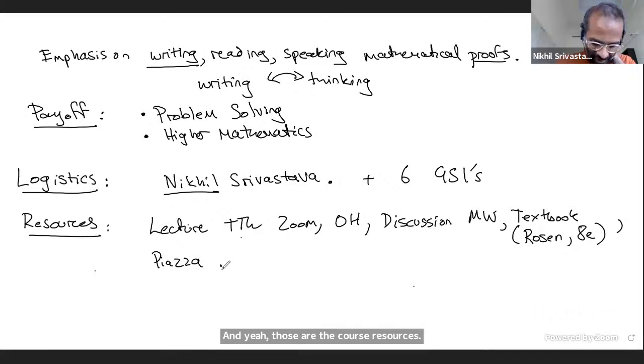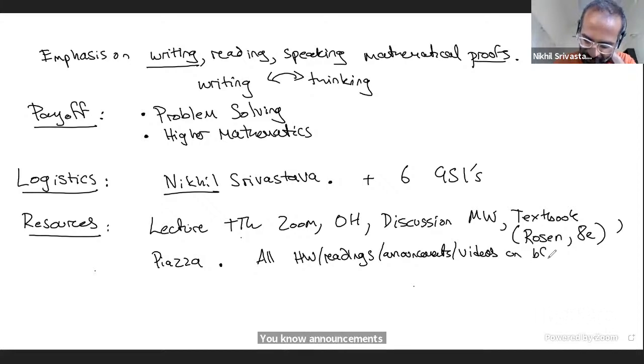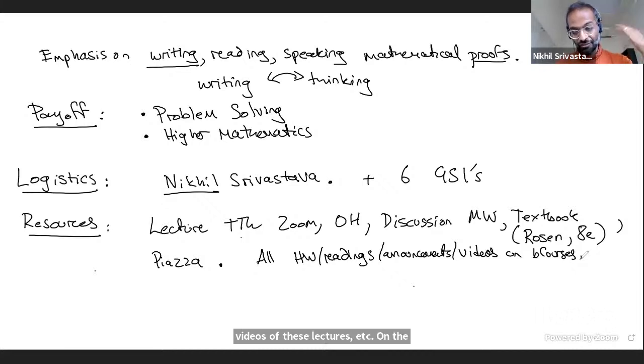I should say all the course materials will be posted on B courses. So you do need to have access to B courses, and you need to keep checking it. Homework, readings, announcements, videos of the lectures, etc., are on B courses. And the schedule is on B courses too.